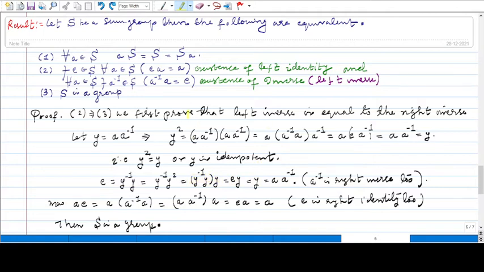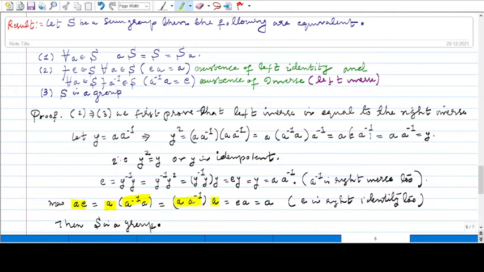Next we are going to prove the identity. So now we have ae. I don't know what this is, but I am just trying ae. If I can prove ae is equal to a, I am done, right? So ae is equal to a times a inverse a, because of the existence of the left inverse. Using the associative property, I can write the same thing as (a a inverse) a.